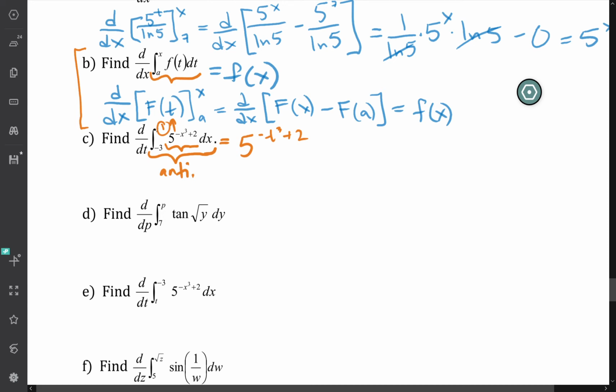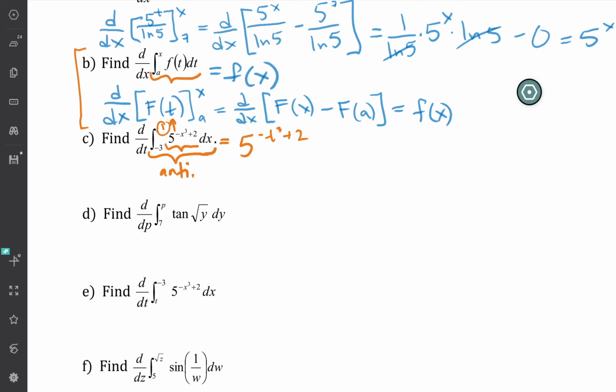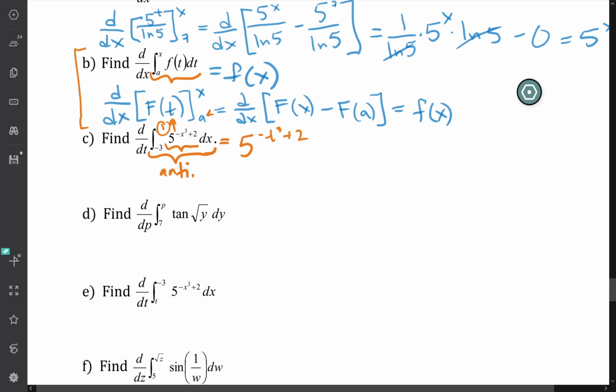We would then take whatever that is, and we would plug in a, and what is our a? We would plug in -3 for a, and we would plug in t for our top limit. So this would still be an f of x for us. I actually flip-flop the variables on this one. So we'd find our f of x, we'd plug in -3, we'd plug in t, so this would be a t, and this would be a -3.